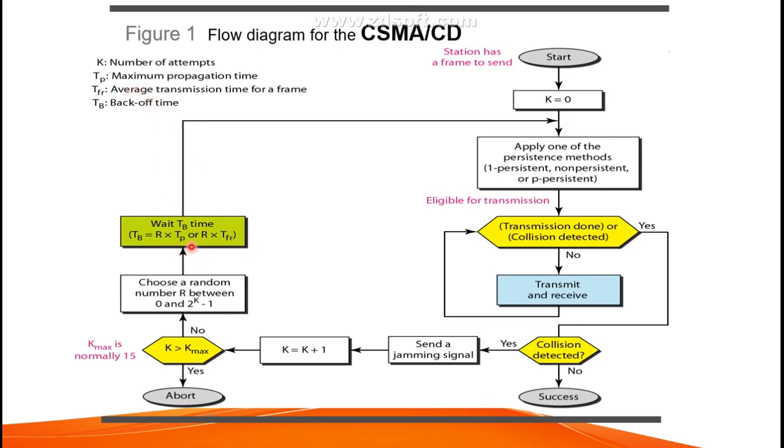TP is denoted by your propagation time, and FR is your average time for a frame. After waiting this back-off time, again we are going to apply one of the persistent methods. And we are going to continue this process, whether the transmission is done or a collision is detected. So in this manner, your CSMA/CD works.